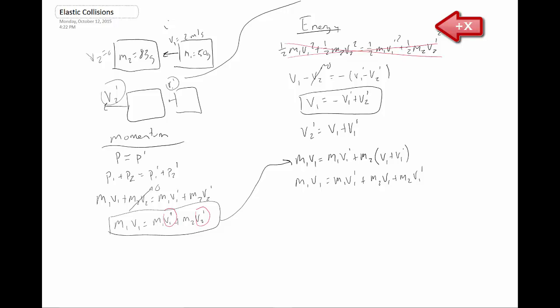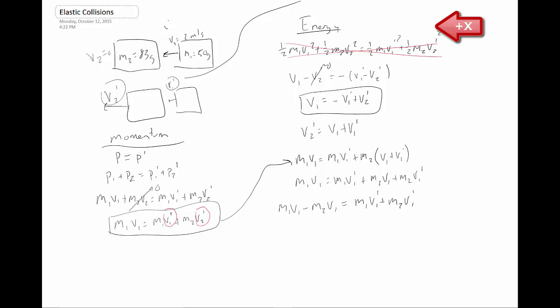Being careful to keep my primes, I'm going to go ahead and move all my V1s to one side and keep all my V1 primes on the other side. So we end up with M1 V1 minus M2 V1 is equal to M1 V1 prime plus M2 V1 prime.